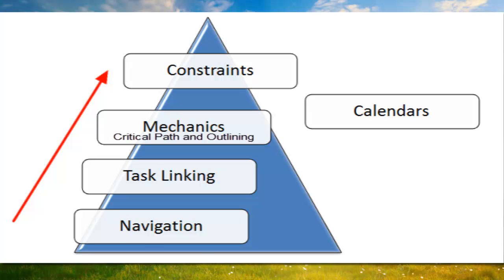And then the next level up, it actually isn't the fourth webinar, but it's the fourth level in the Streamlined class, is the constraints, and that is the most difficult component of using Microsoft Project for scheduling. My goal there is to simplify it so that you don't get confused by all the options.